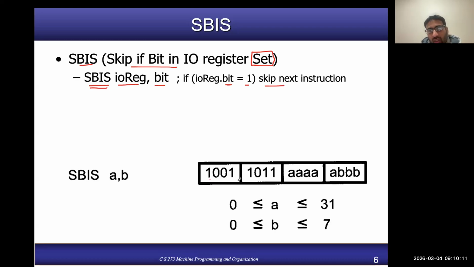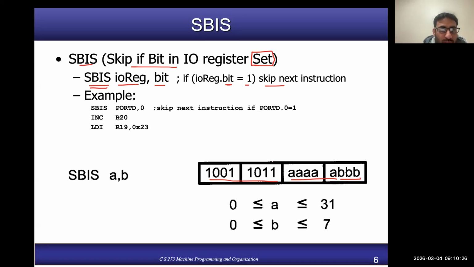Again, here is the template. You have an 8-bit opcode, and then 5 bits reserved to specify the IO register, and 3 bits to specify a bit within that register. So here is an example.